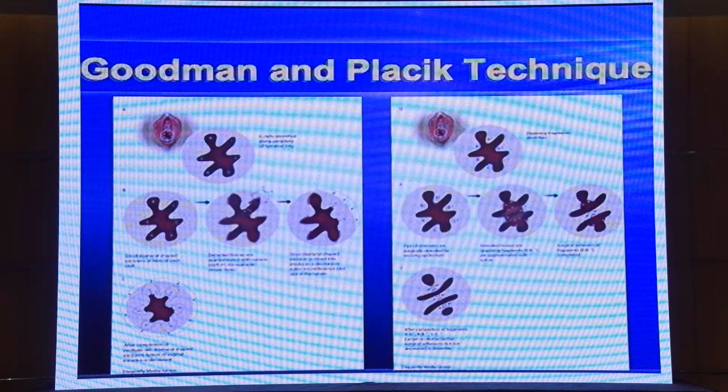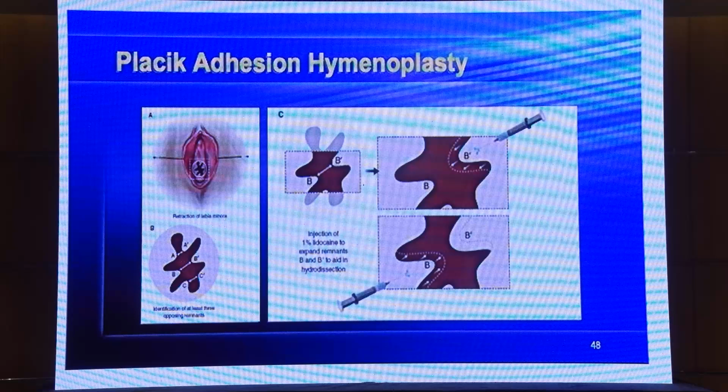This is one of the techniques where Goodman used to narrow the canal, and Plasek modified it more by going across also. So rather than just narrowing, after narrowing you put a band stitch across. So basically everything is covered. This is Plasek's adhesion hymenoplasty. This is how he did it. It's all available in the textbooks also.